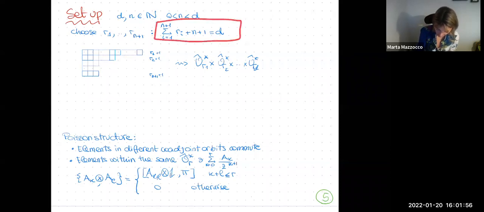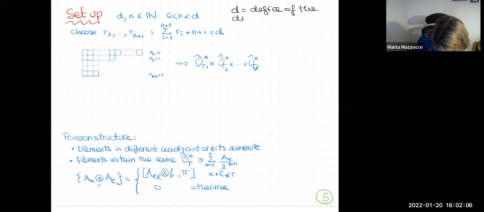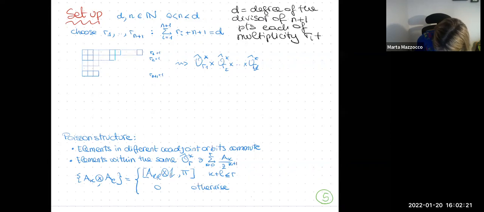So d is essentially the degree of my divisor, made of n plus 1 points, each of multiplicity r_i plus 1.